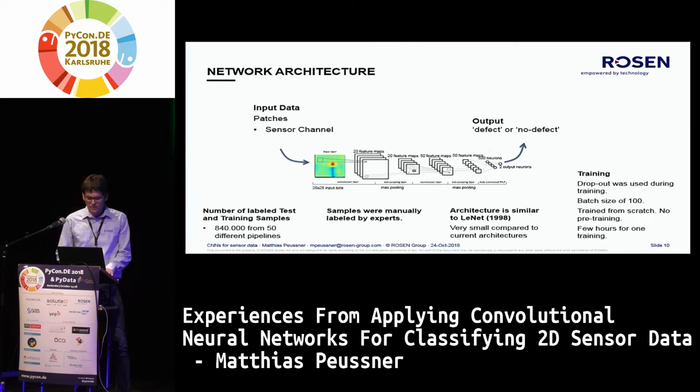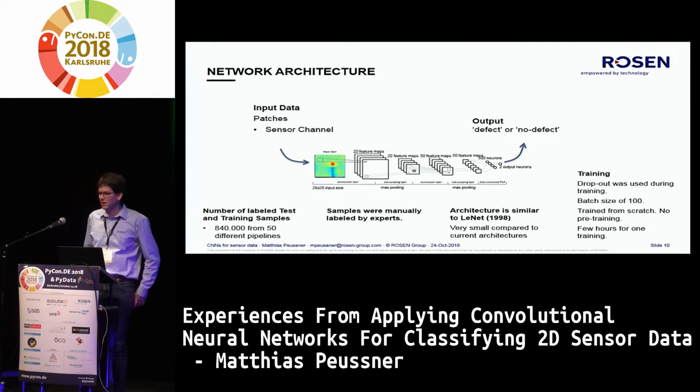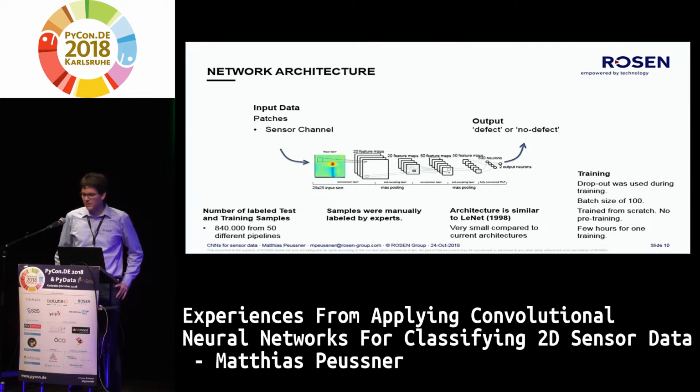The output is 2 neurons. One indicates whether we have a defect in our pipeline, and the other spikes if we do not have a defect. Our input data is here. It's colored with different colors, but it's a pre-processed grayscale image, and we send it into the network.